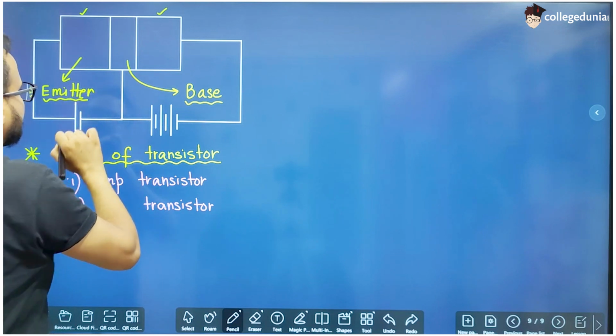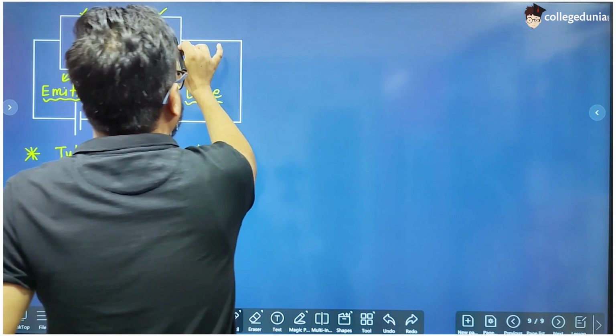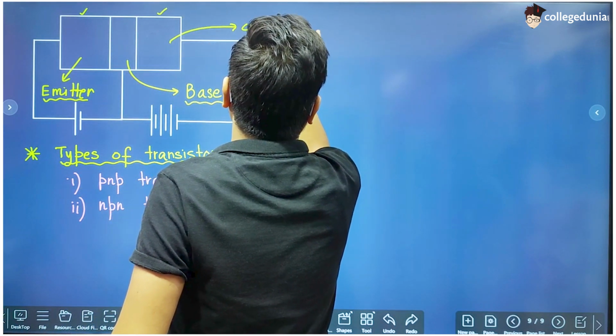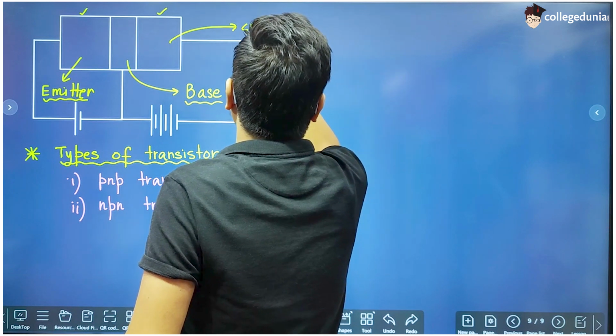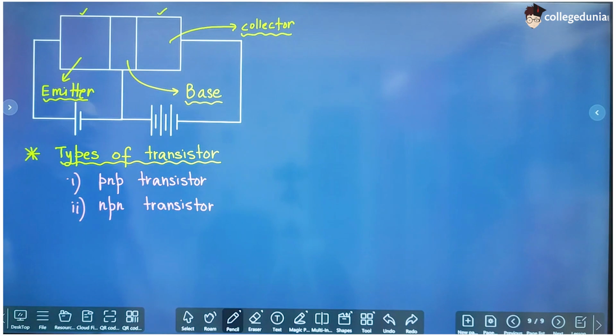So the emitter is the part of the transistor that emits the majority charge carriers, and the collector is the part of the transistor which collects the majority charge carriers, right? And the base works as a medium between emitter and collector so that the majority charge carriers can flow from emitter to collector.